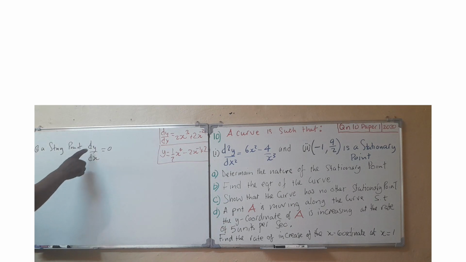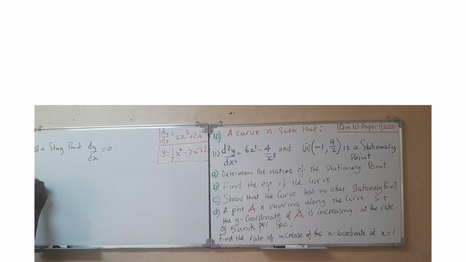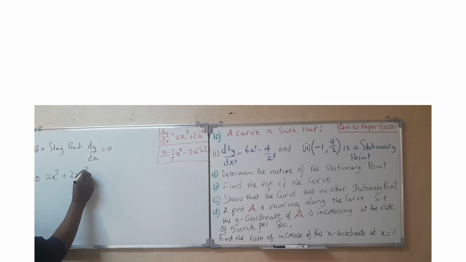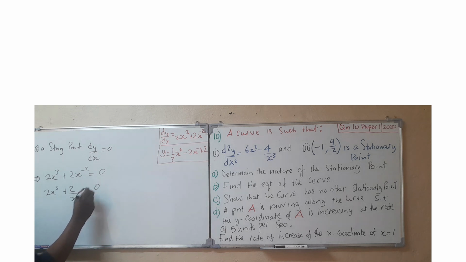So, okay, once we have stated that, we can now proceed to say this implies that 2x cubed plus 2x to the power minus 2 is equal to 0. Let's write it as 2x cubed plus 2 over x squared is equal to 0.